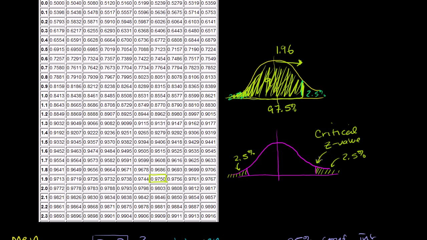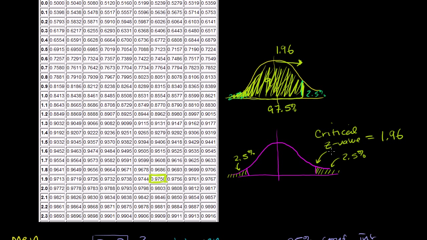So let's see what this critical z-value is. Essentially, we want a z-value where the entire percentage below it is going to be 97.5%, because then you're going to have 2.5% over here. And we've actually already figured that out. This whole cumulative has to be 97.5%. We did that in the last video. If you look for that, you get 0.975 right there. It's a z-score of 1.96. I even wrote it over there. So this critical z-value is 1.96.